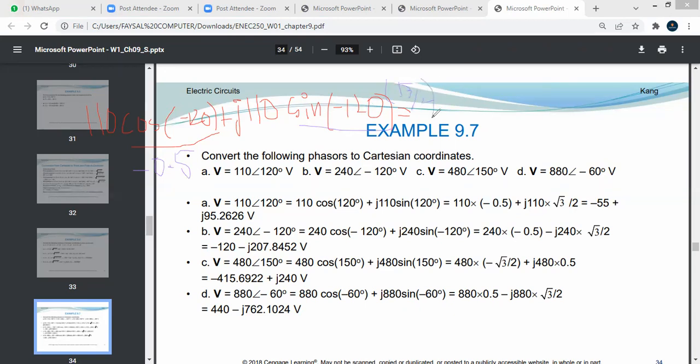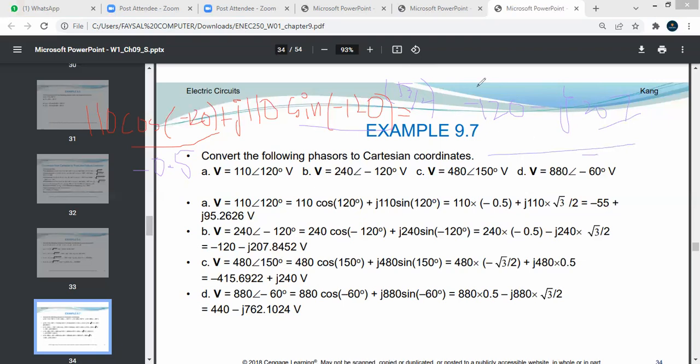Now just multiplying the values, minus 120 and then minus j 207 is my answer of part number B.